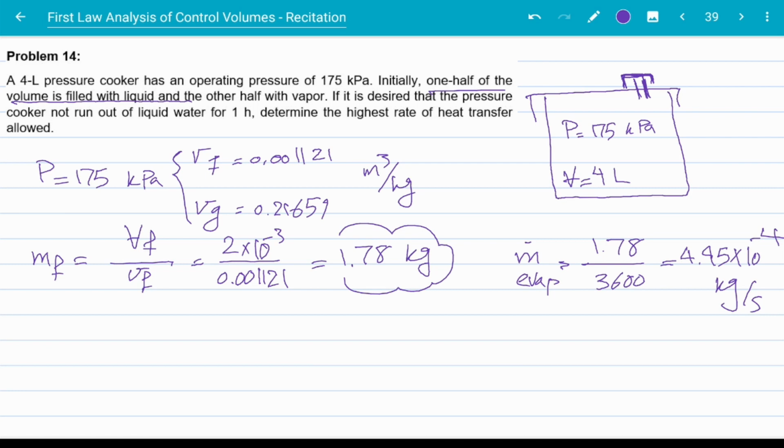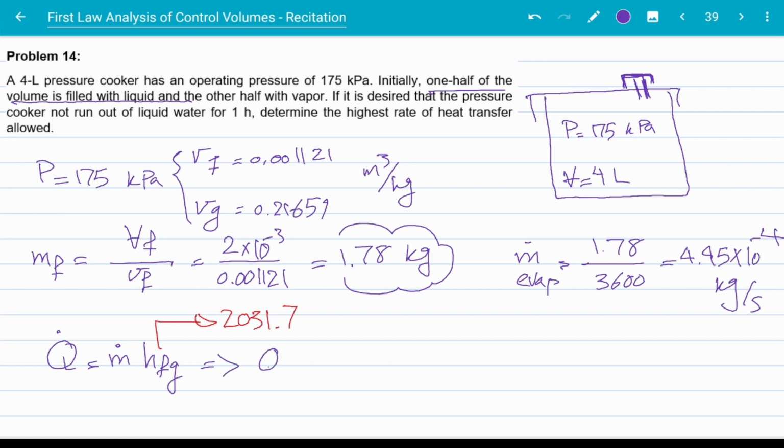So the amount of Q that we need is m dot times h of fg. Now, h of fg you can read from the tables at the pressure of 175 kilopascals. The value is 2031.7.